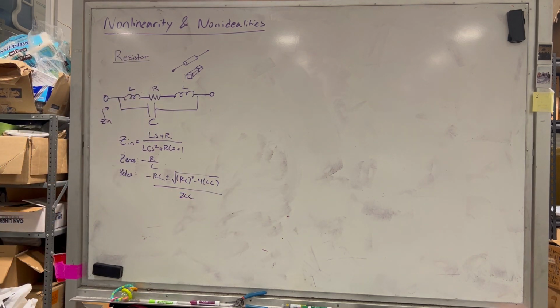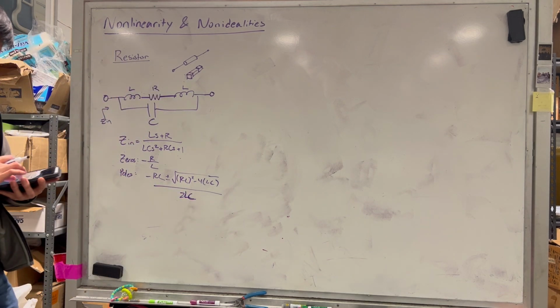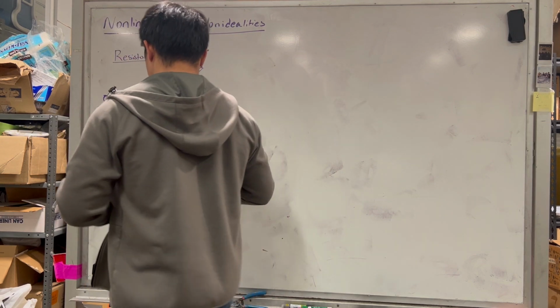Right, we get something that looks like that. That's an L. But all in all, we can plot what the graph of this would look like.